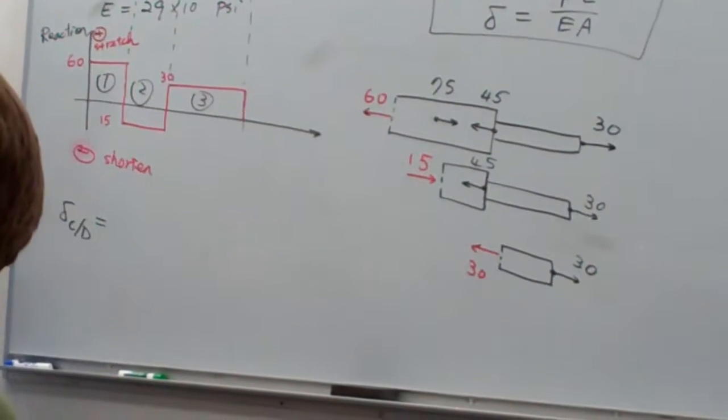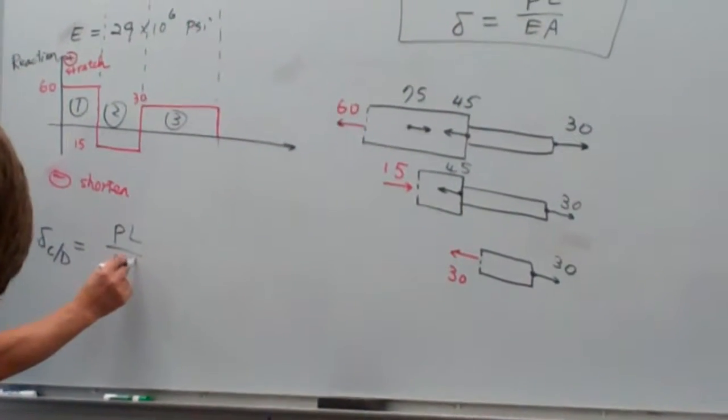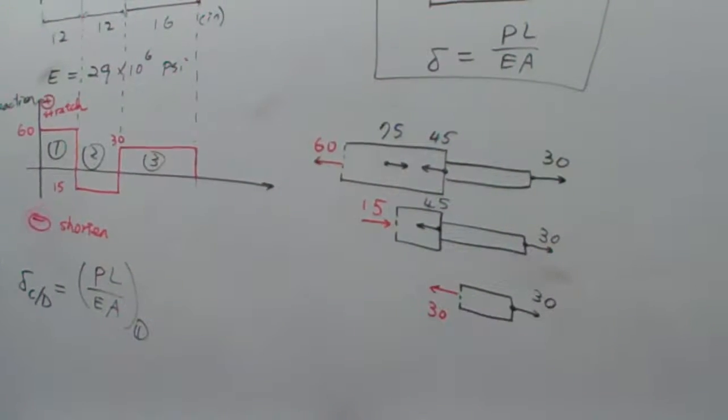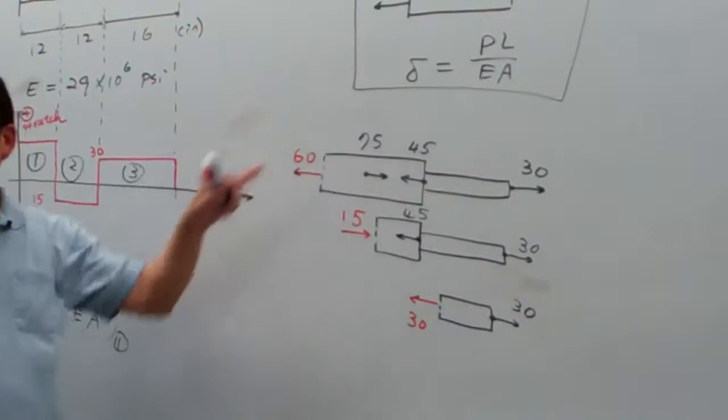For the first segment, the deformation is PL over EA, because in this segment, everything fits into our generic platform, right?